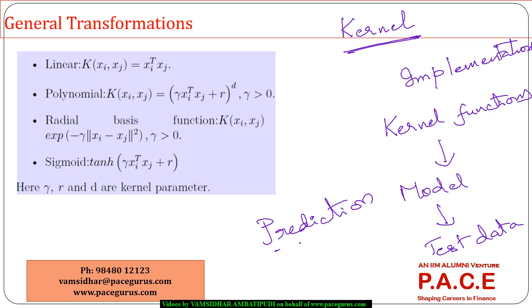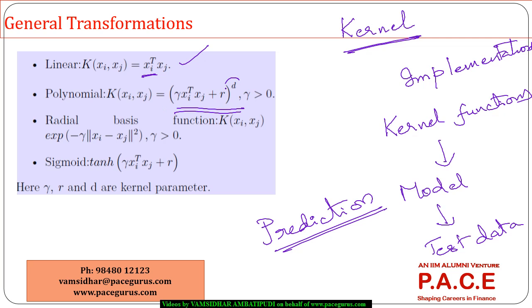So we'll try to understand some very commonly used kernels. There could be a linear kernel, where the transformation typically happens in this way: the original vector is transformed by multiplying it into a new one. This is a polynomial transformation.